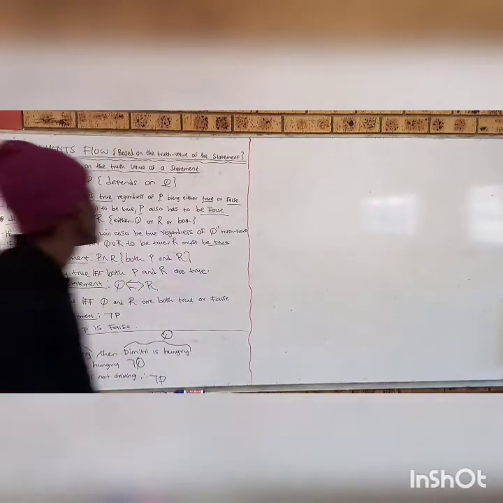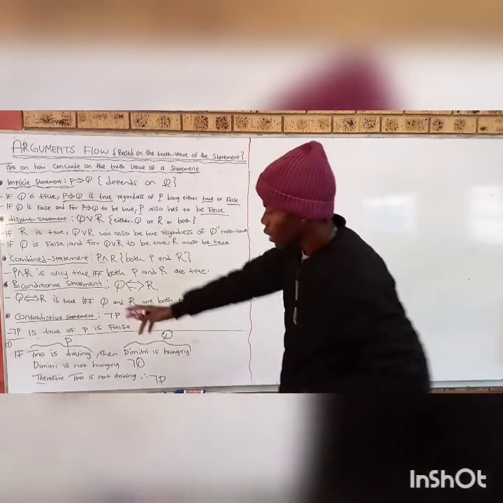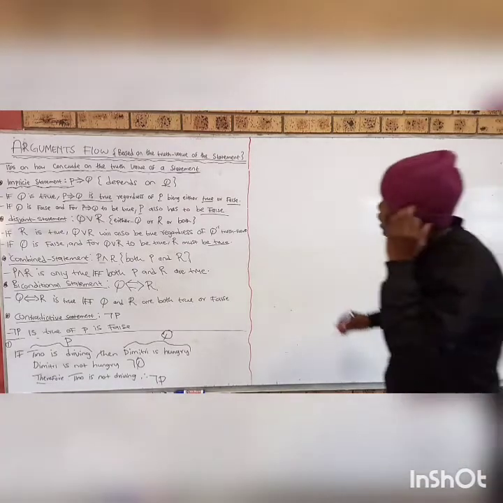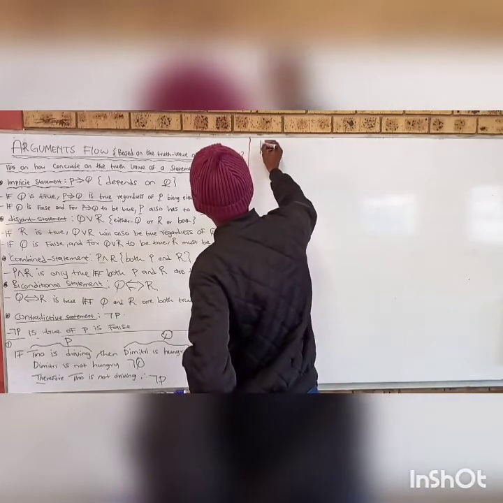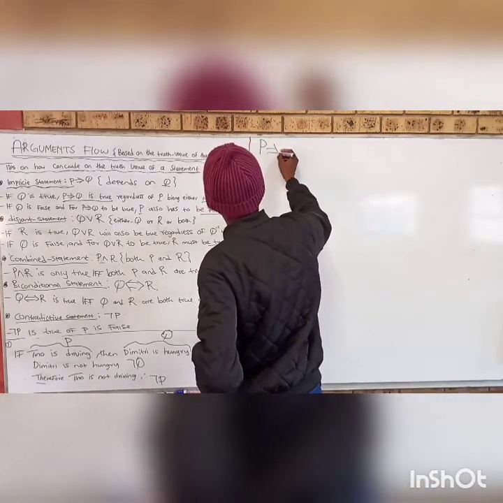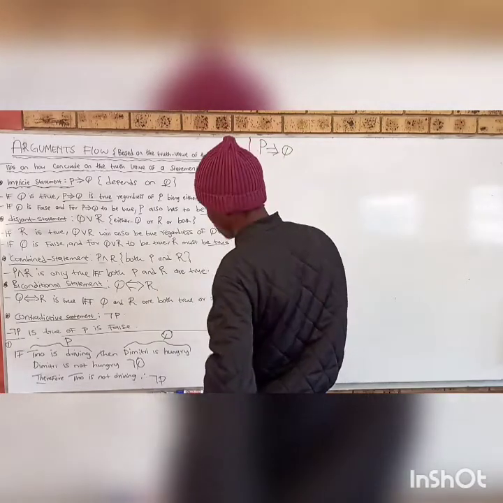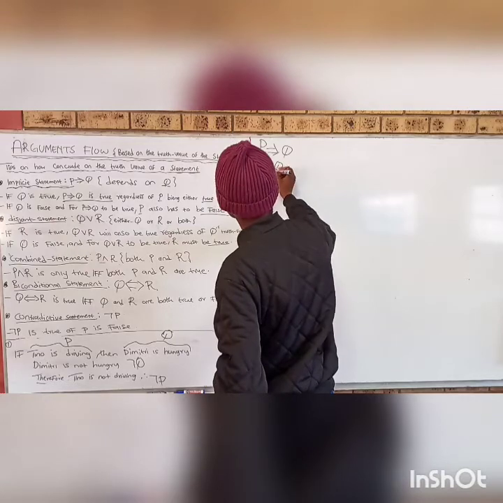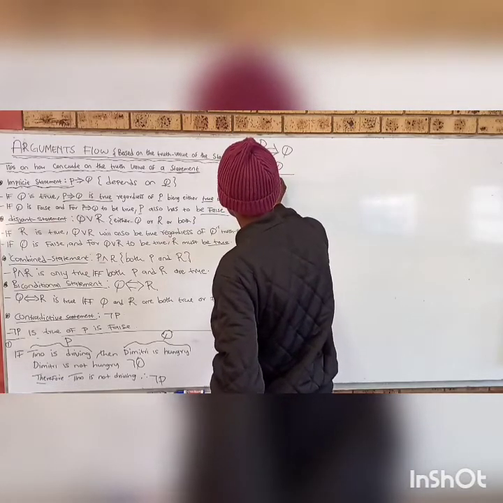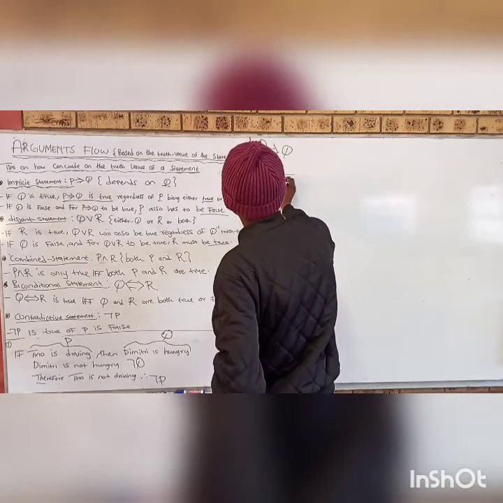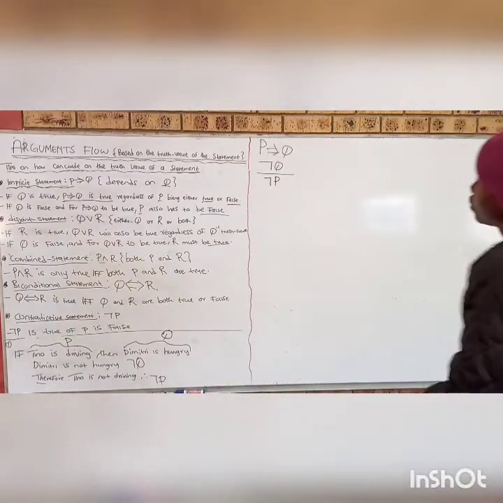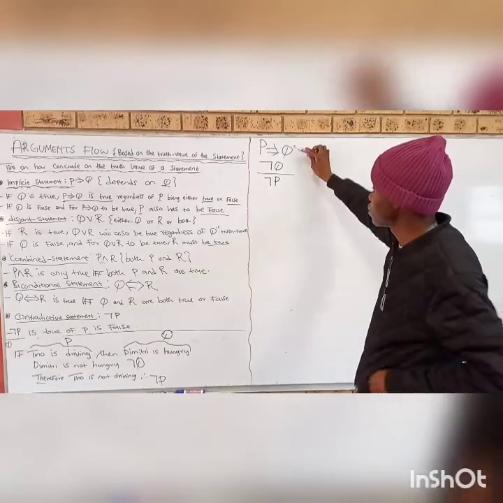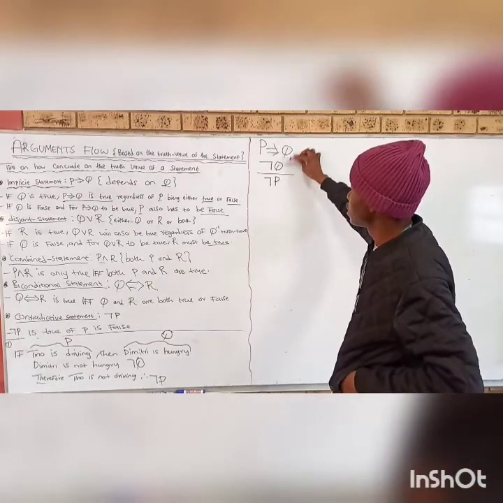So in this case, we are given: if Chino is driving, then Dimitri is hungry. So we're using P implies Q. And Dimitri is not hungry, we have not Q, then we have to conclude on not P. What you must note is that, as I told you, the propositions of the given statements are true.